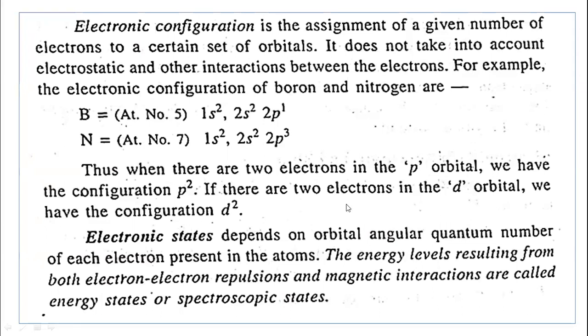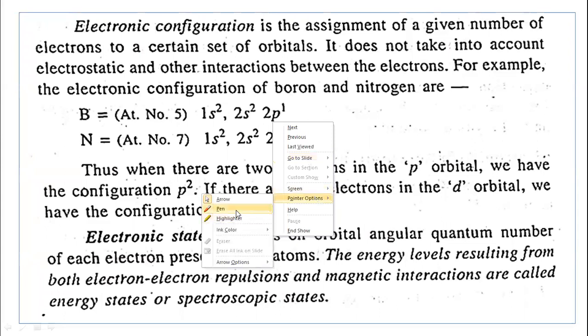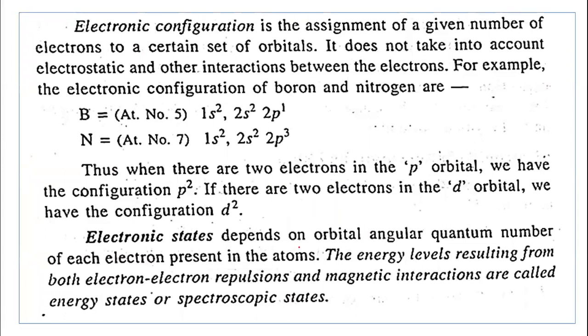So what are electronic states? The electronic states depend on the orbital angular quantum number of each electron. To find out the electronic state of the electron, we should be aware of the orbital angular quantum number of each electron present in the atom.